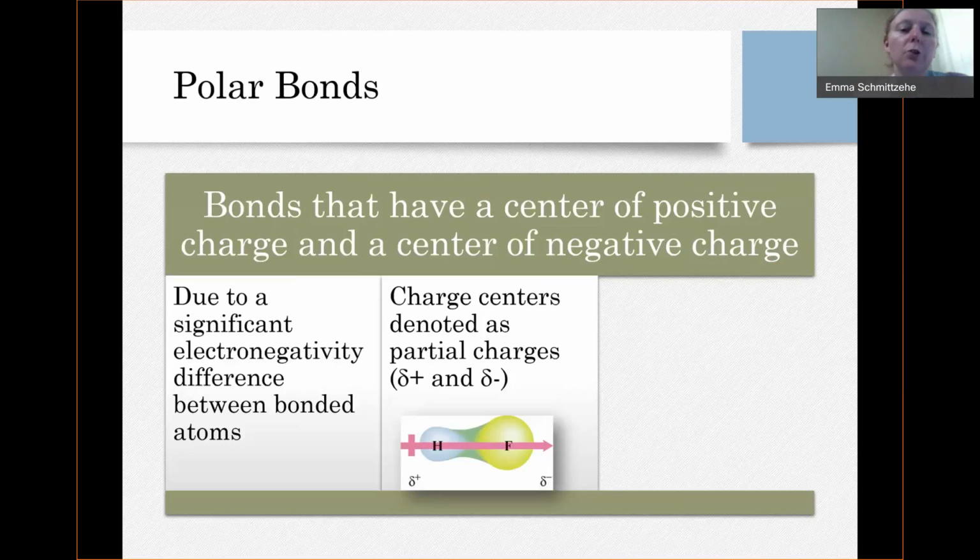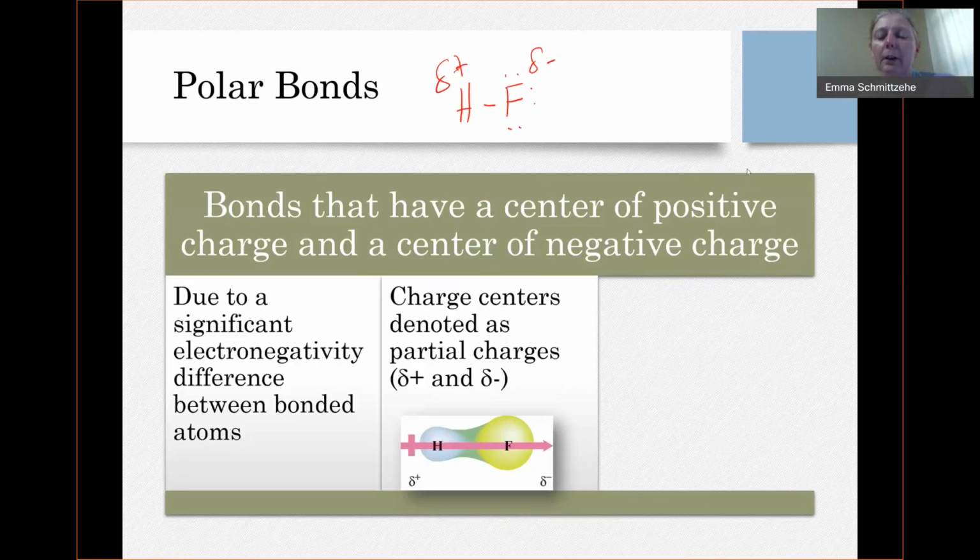And if you had drawn just the Lewis structure instead, then we'd just have H single bonded to F, with lone pairs on the fluorine. We could label and put a delta plus next to the H and a delta minus next to the fluorine, just to stress that that is a polar bond and where the partial positive and negative is.